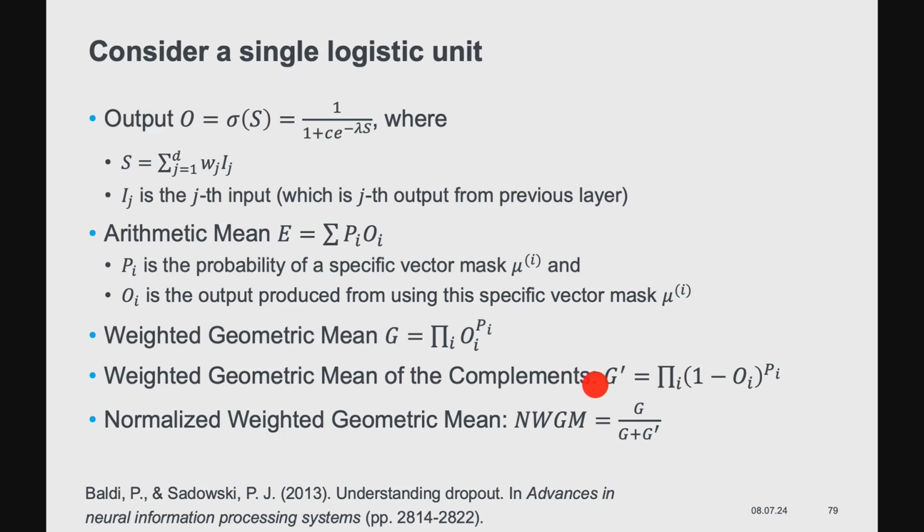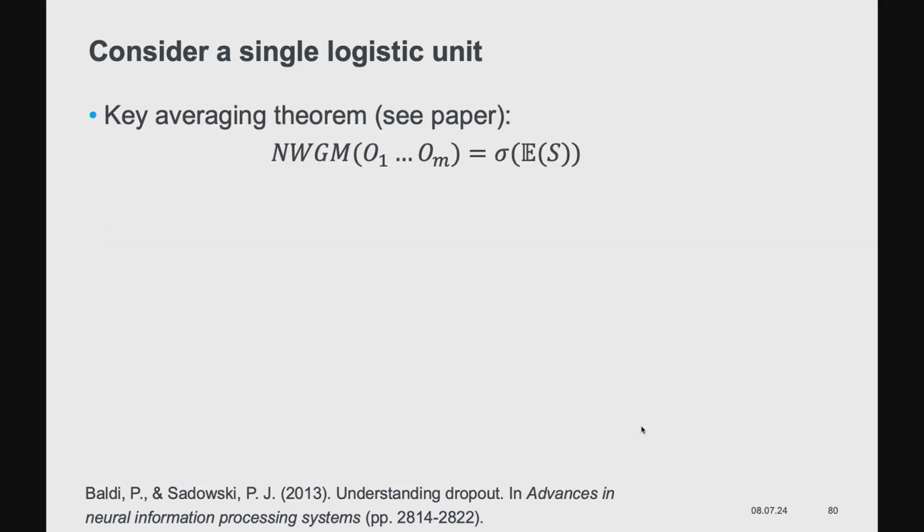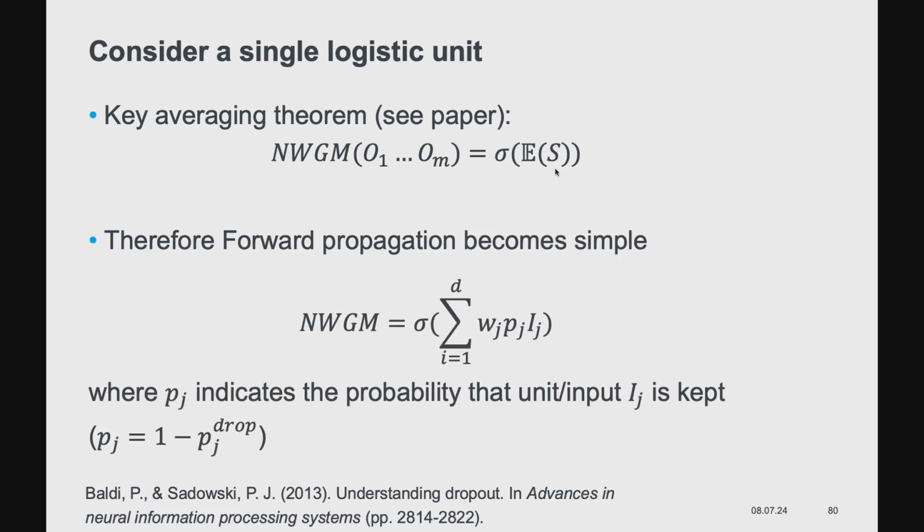And so the geometric mean is then just computed by this formula, and then one can also do some normalization, and what one then gets is that the normalized weighted geometric mean of these previous outputs is the sigmoid of the expected value of this input.